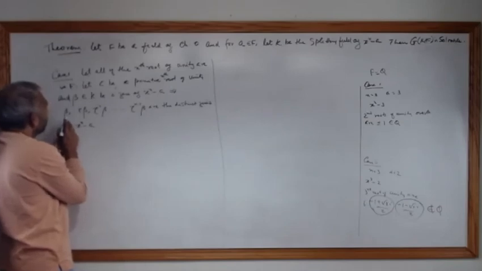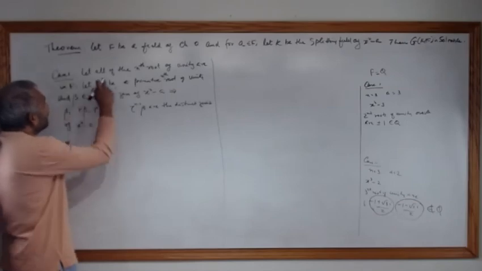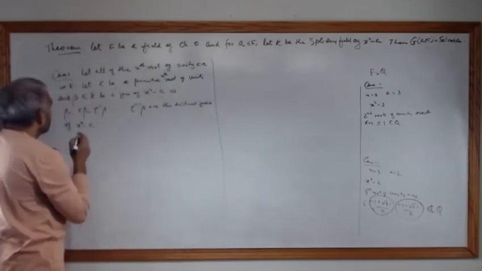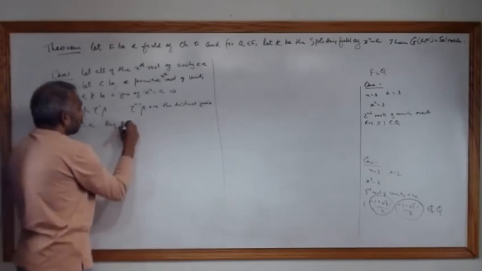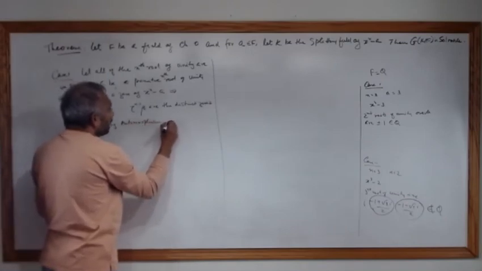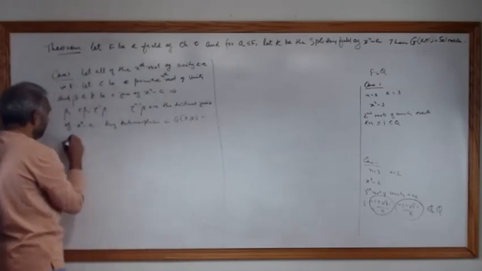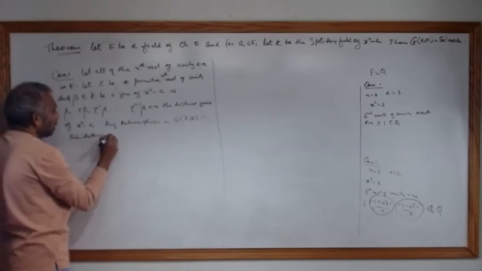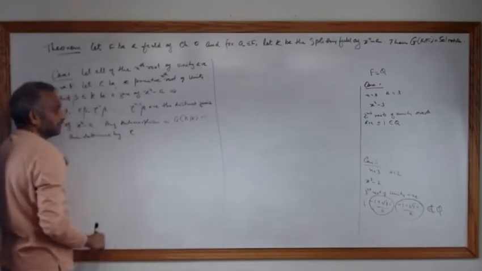Here, all the zetas are in F. So any automorphism in G of K over F is then determined by the value of zeta.